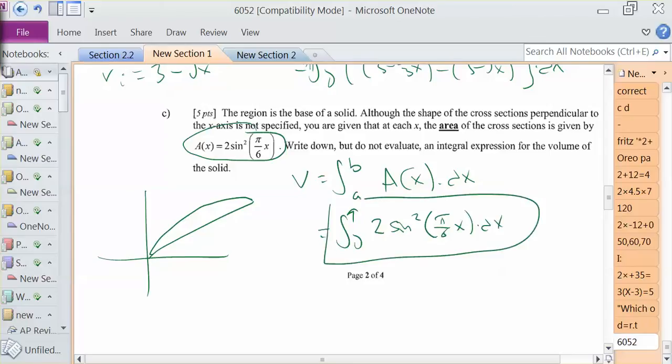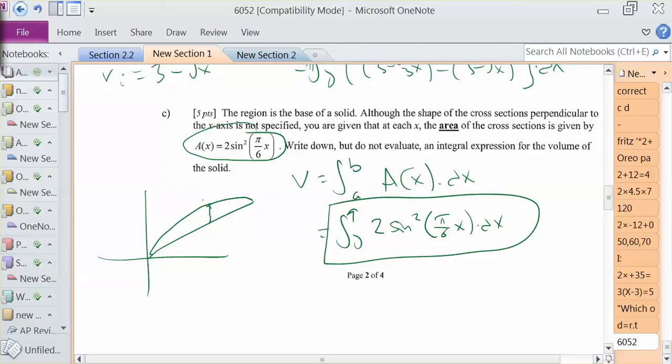So there's really nothing else to it. You don't want to overthink it. Simply all you're doing is just using the area. And for a square, of course, you do the area squared in terms of x. So you'd have to figure out how long the side is in terms of x. And the area of a square is s squared. So that's what part D is going to be about.